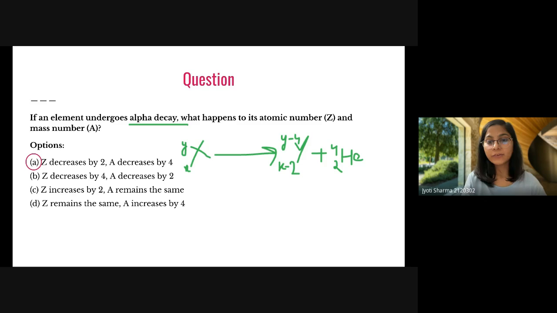Helium gives you 2 and 4, so the product Y has its atomic number reduced by 2 and atomic mass reduced by 4. That's why A is the right answer. I think this is clear.